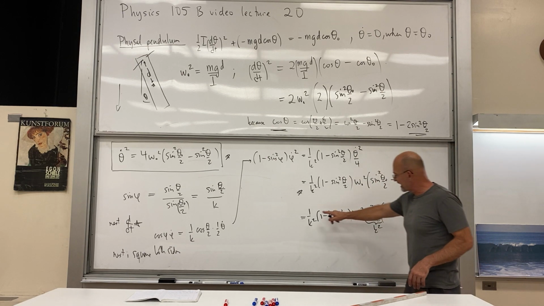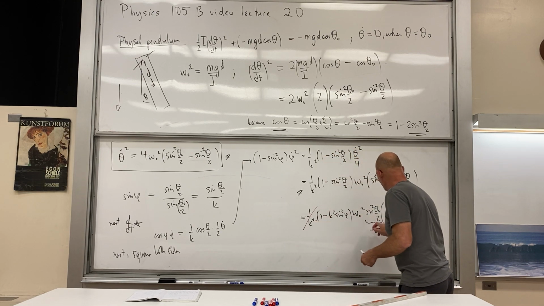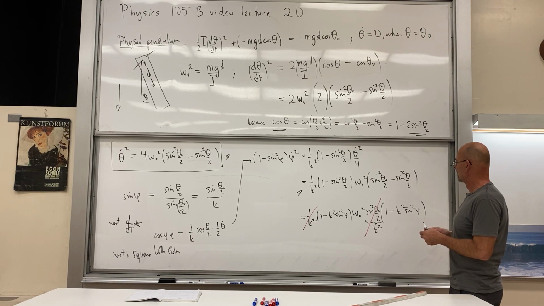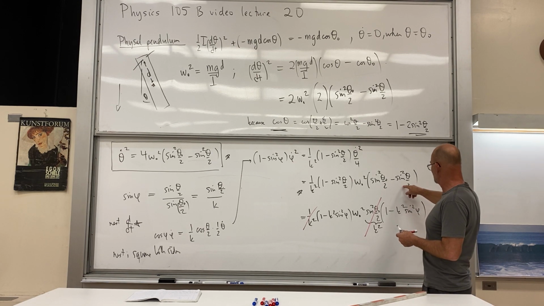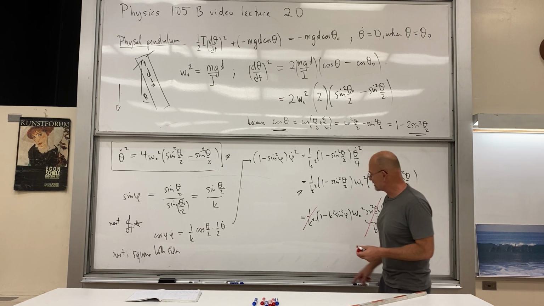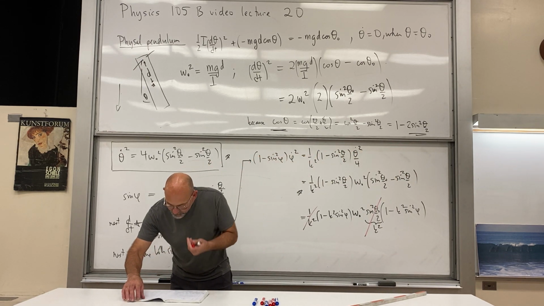And now we see we get a cancellation of these two. Let's go ahead and do that. This against this whole thing. Sine squared theta over 2. Not so fast. K squared sine squared phi. One of these should not have the k squared.